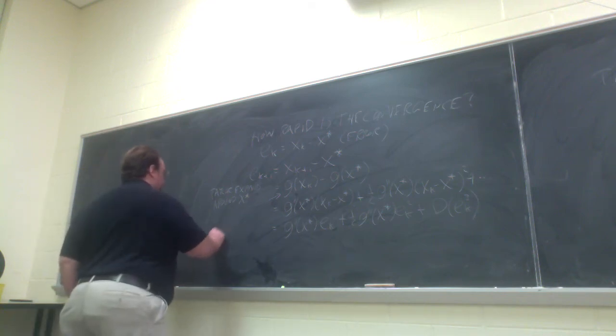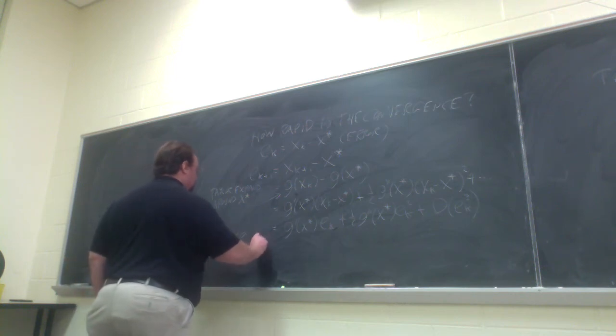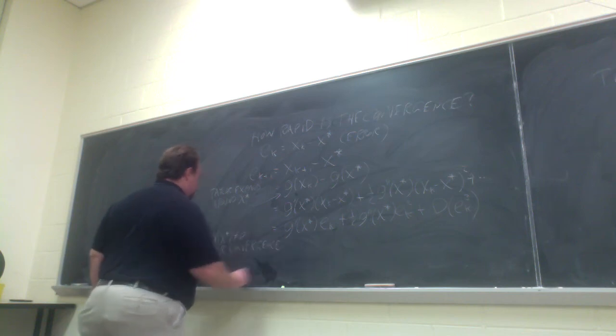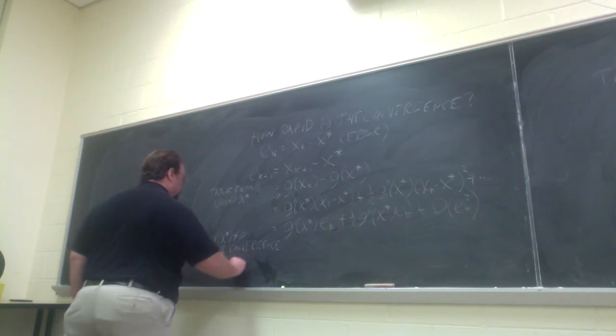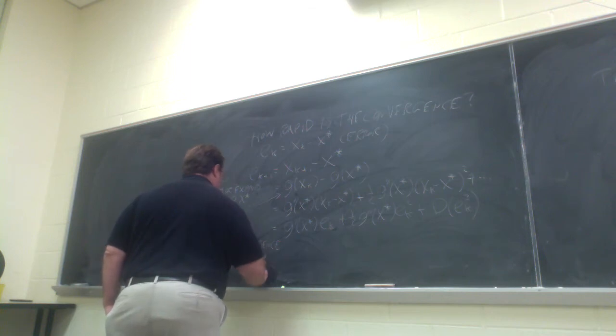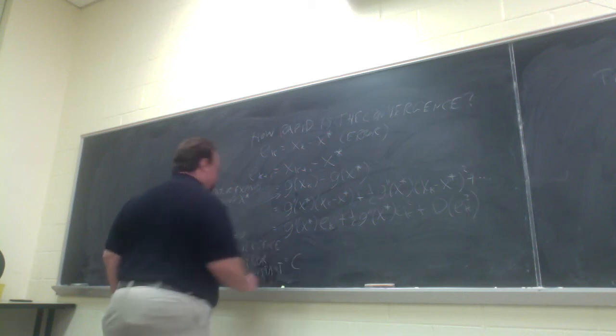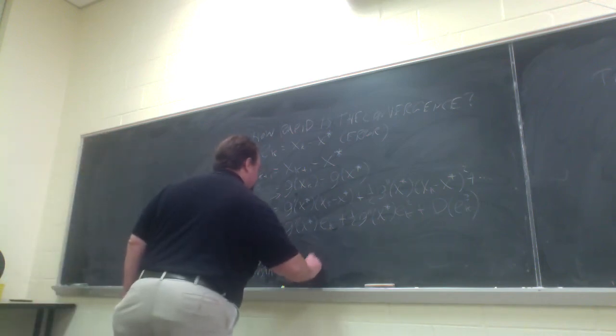So we can say the following. First, if g prime at x star is non-zero, then we get linear convergence, and the asymptotic error constant, which I defined last week for the order of convergence, that I referred to as C before, is equal to the absolute value of g prime at x star.